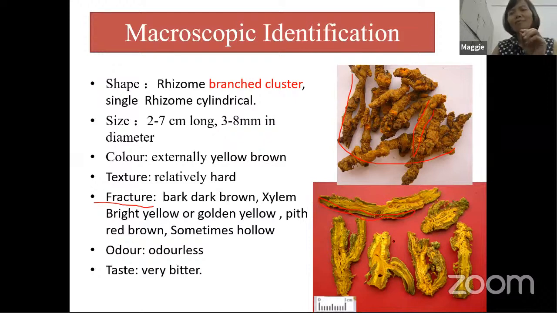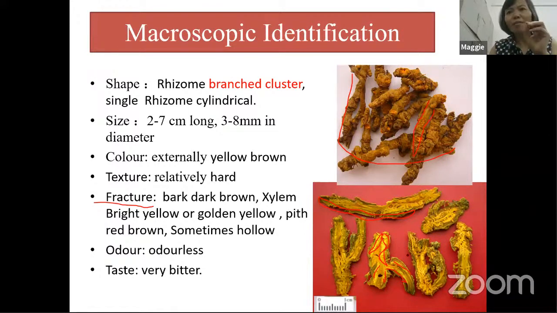Xylem, bright yellow or golden yellow. Where is xylem? Here, this golden yellow, these are xylem. So xylem, bright yellow, golden yellow. Pith, red brown.